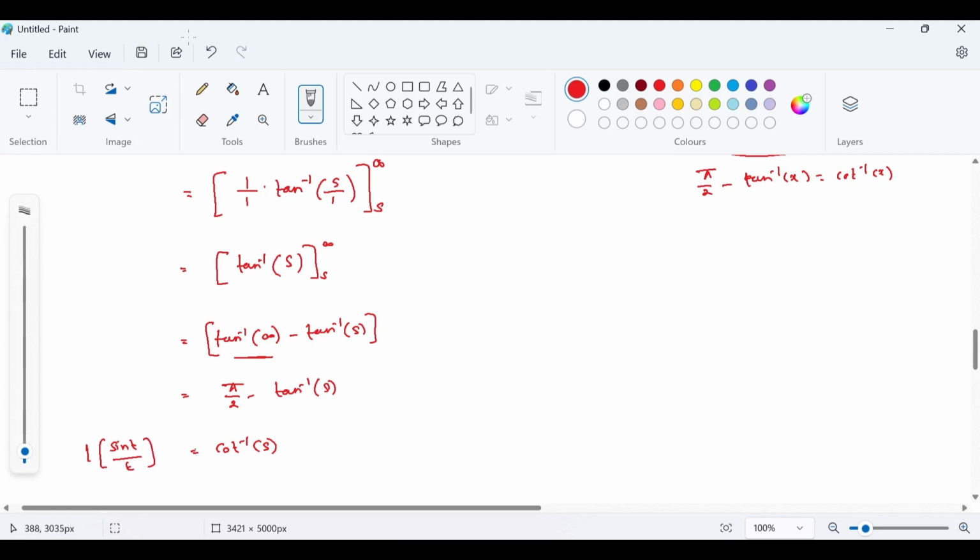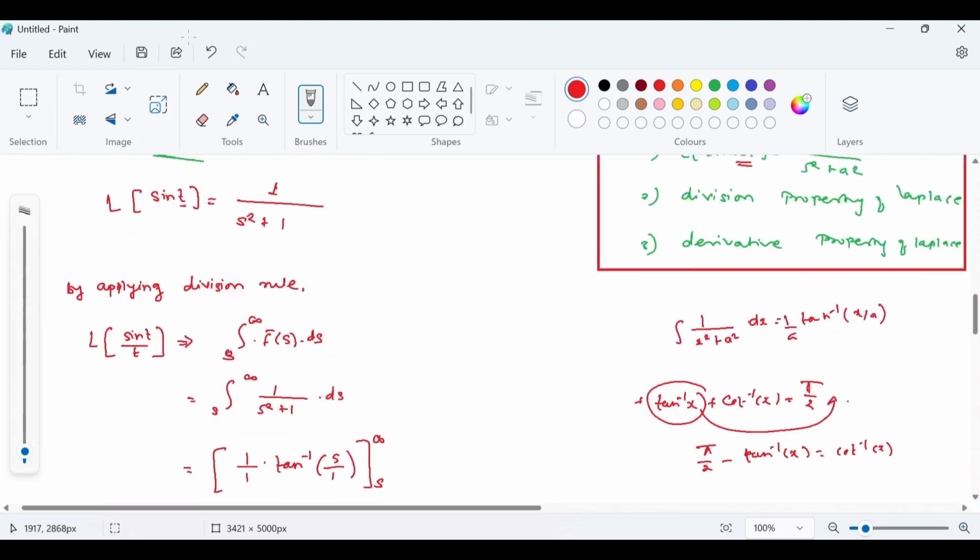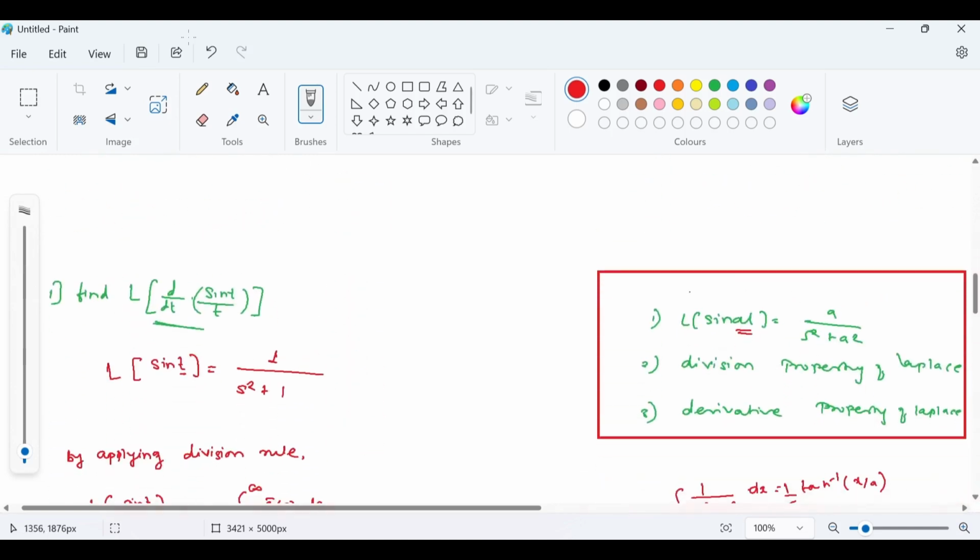Now, next step. Now we have to find the Laplace of d by dt of this term, right? Means we have to find the derivative form.